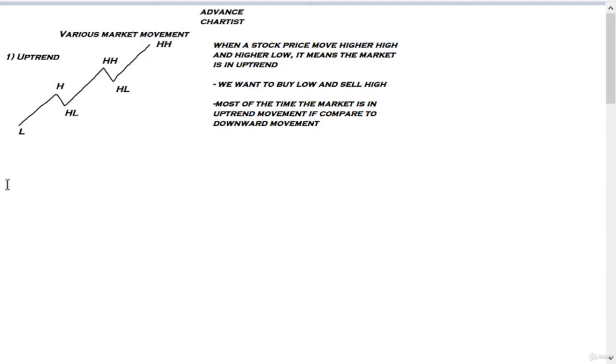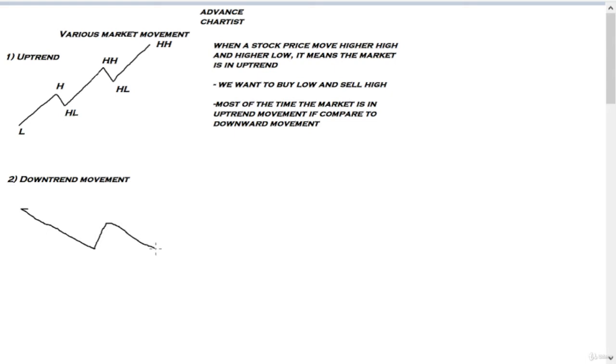So number two, we will discover the downtrend movement. How is this downtrend movement created?